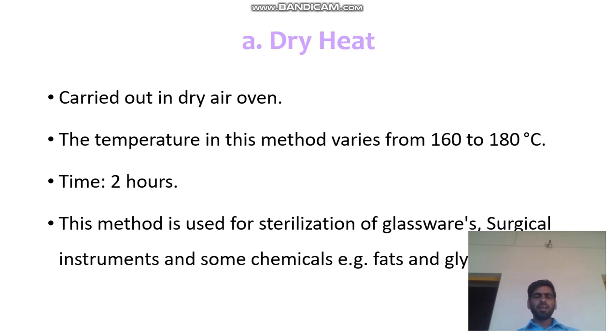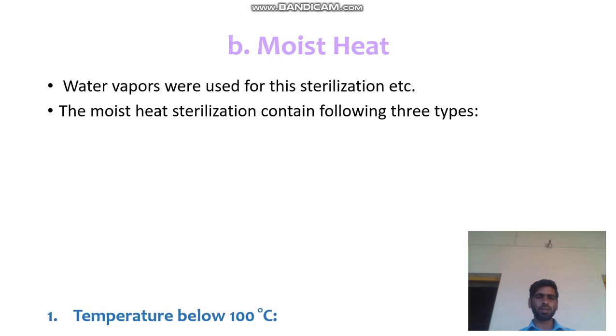This method is mainly used for the sterilization of surgical instruments, test tubes, petri dishes, fats, glycerol, etc., and we give a time of 2 hours for the sterilization of such material.